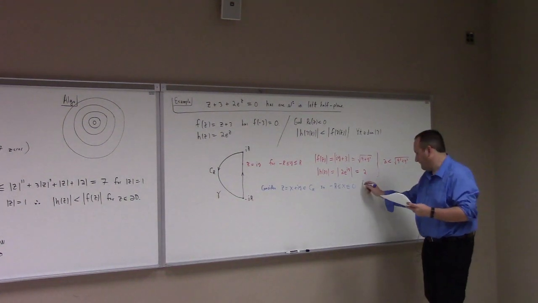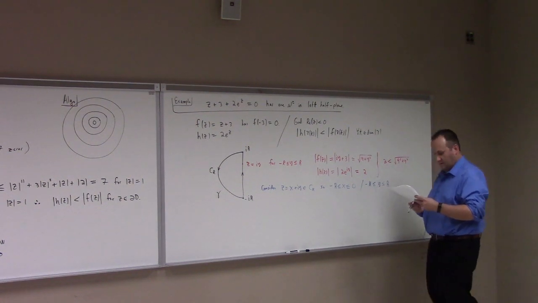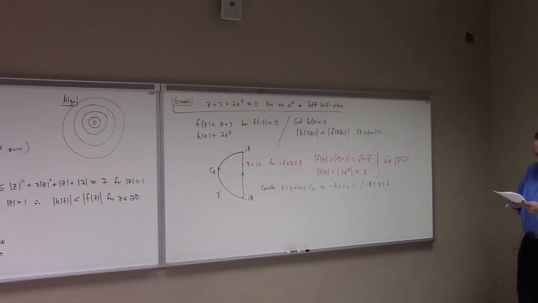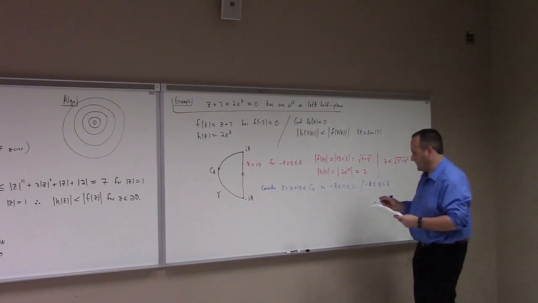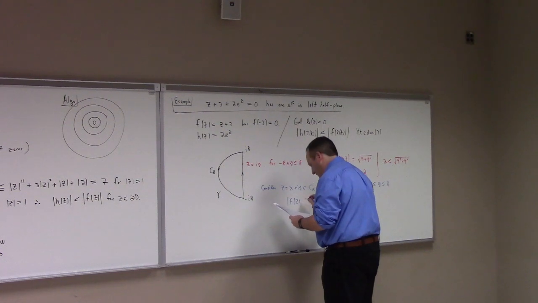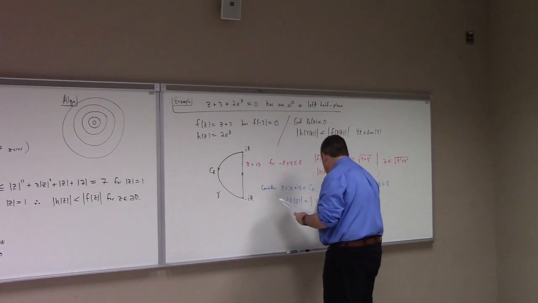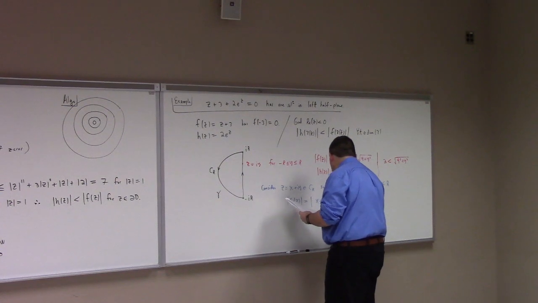And we also have that minus r is less than or equal to y is less than or equal to r. Okay, great. So then I guess I'm going to use these to calculate the modulus of f of z on the curved part. Although it seems like I might be able to use the parameterization. So the modulus of f of z is equal to what? The modulus of x plus iy plus 3, right?